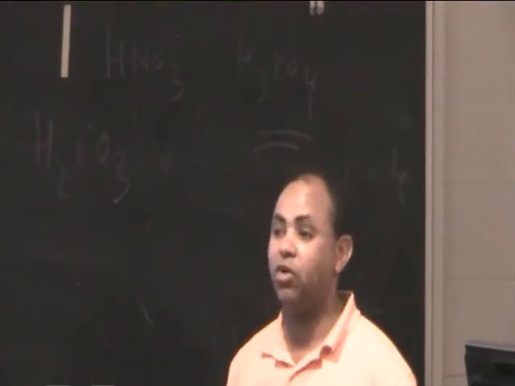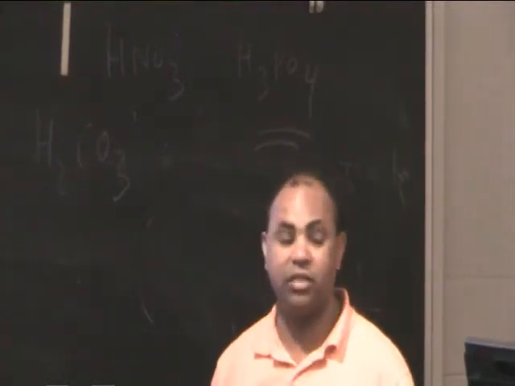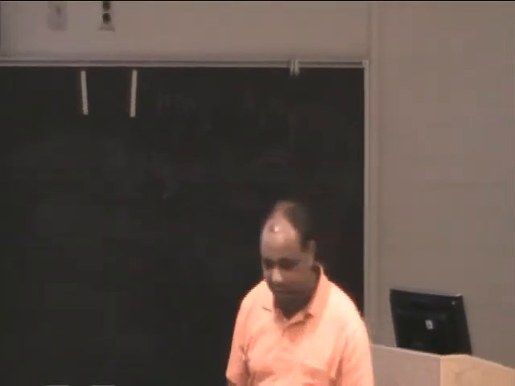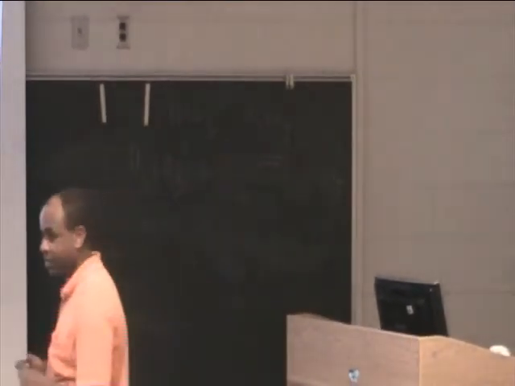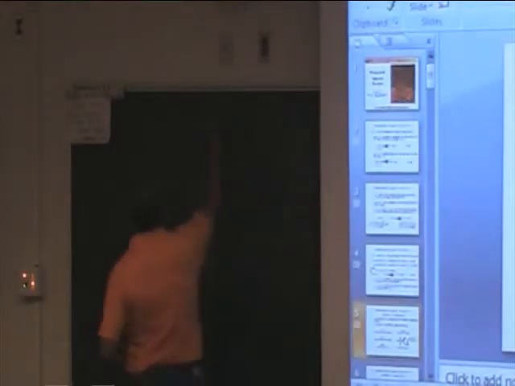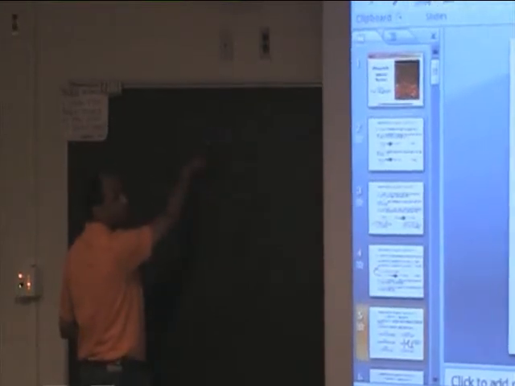What is the formula for chlorate? Chlorate is made from chlorine, Cl. No, chlorate is ClO3. Chlorate, not chloride, chlorate. ClO3. Chlorate, you add 1 hydrogen ion.